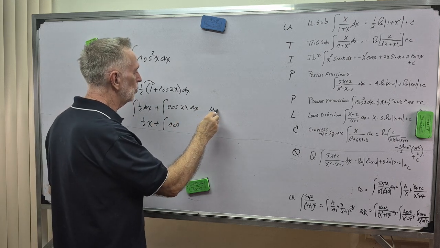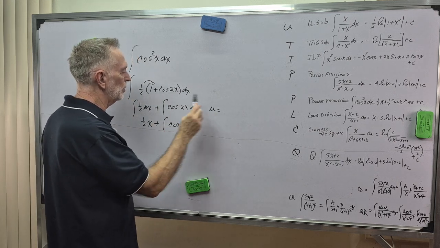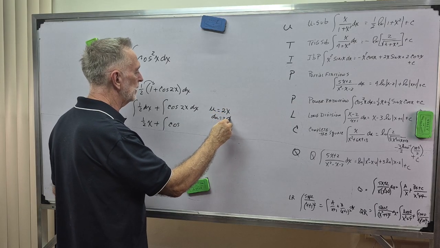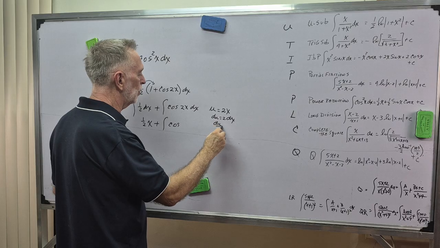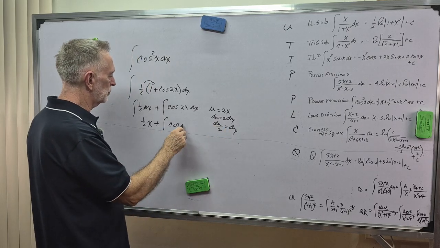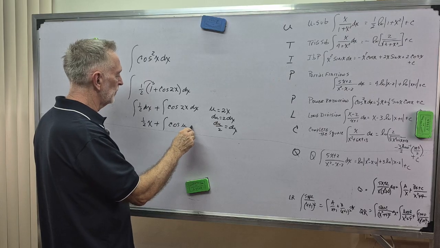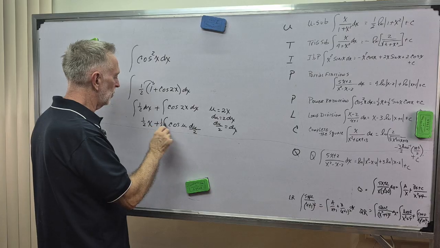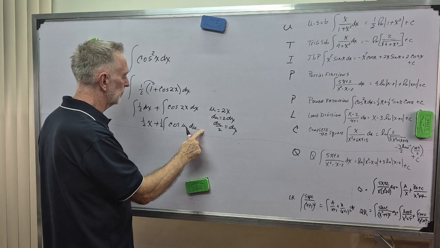Well, u-sub, hey, u equals 2x. du equals 2 dx, du over 2 equals dx. So the integral of cosine u du over 2. So I'm going to move the 1/2 outside.